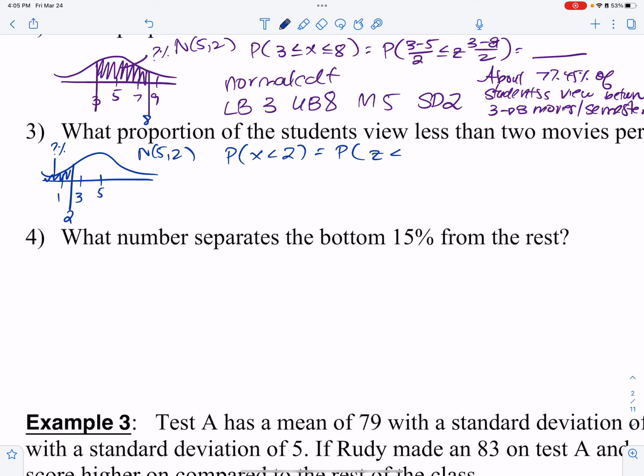Probability that z is less than observed minus mean divided by standard deviation. Using normal CDF. Lower bound negative infinity. Upper bound 2. Mean 5. Standard deviation 2.